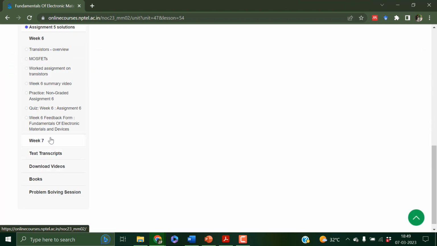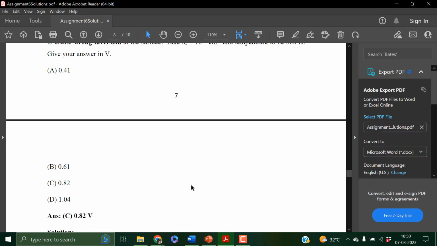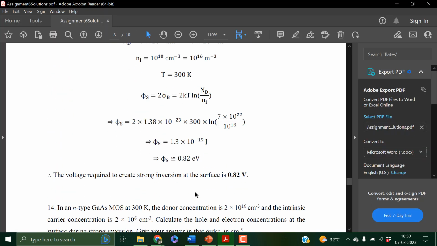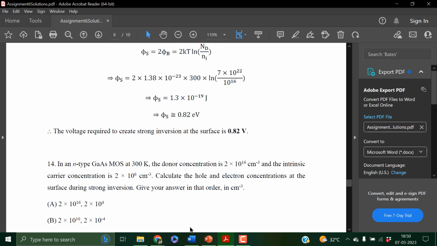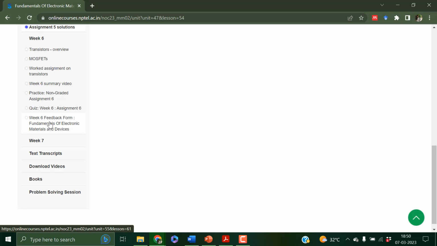Give your answer in electron volts, not millivolts. You got 0.815, so 0.82 will be sufficient. Maybe it's some kind of typing mistake. It should be in electron volts only.